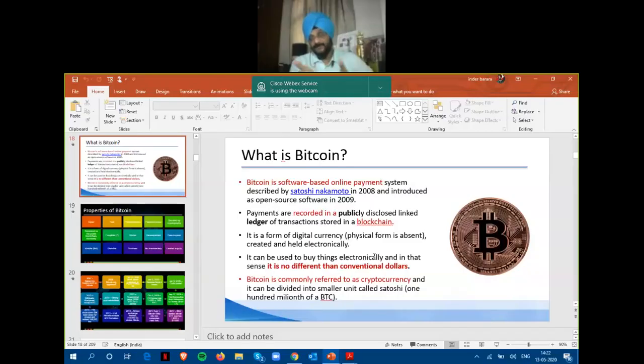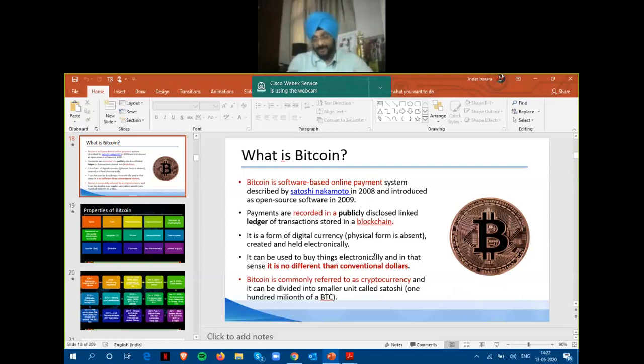And the first open source software was created in 2009, and in August, I think, the first coin was mined, and that was $1, one Bitcoin. Today we have Bitcoins worth almost 10,000 dollars. And all the payments are recorded in public.